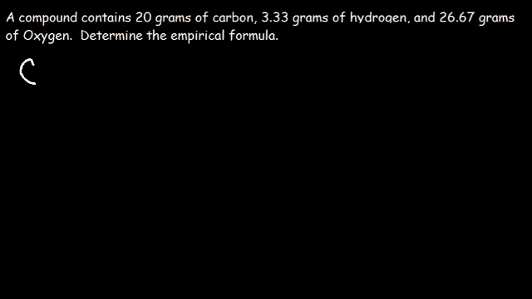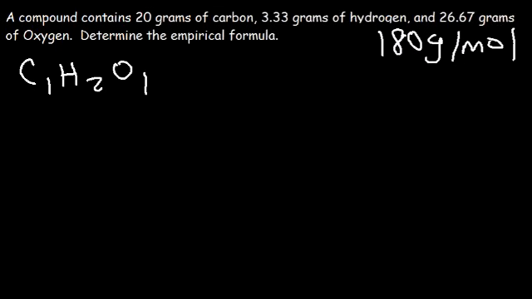Now, how can we use the empirical formula to find the molecular formula? Let's say this question gave us some extra information. Let's say it stated that the molar mass of the molecular formula is 180 grams per mole. How can we find the molecular formula?